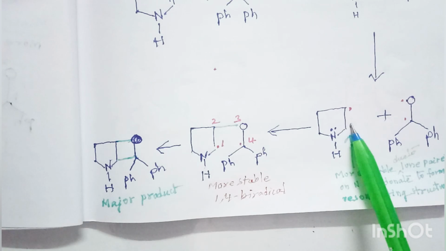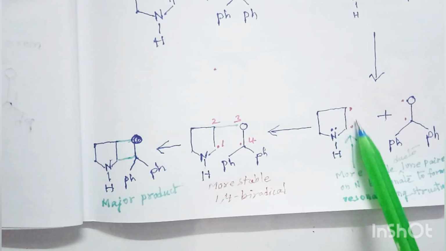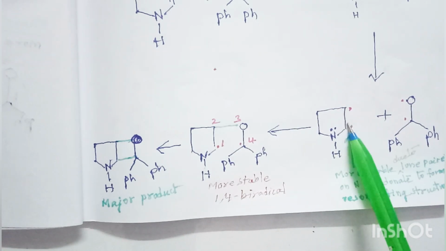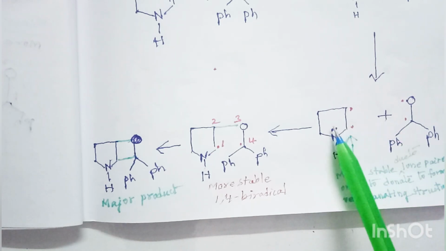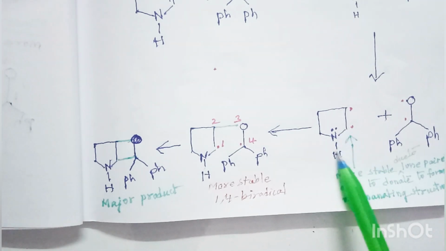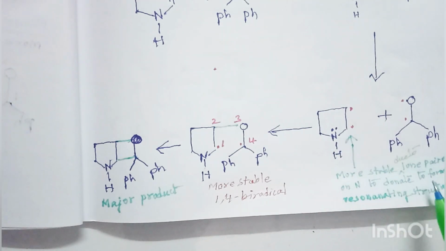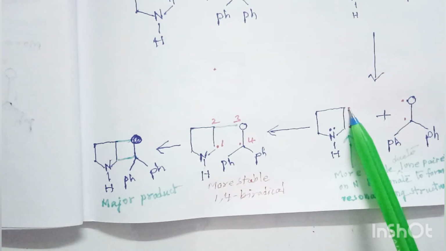And here we get two radicals, this radical and this radical. This radical is more stable because of the lone pair of electrons present on the nitrogen atom, which can be donated to form a resonating structure. So this radical is more stable, this radical is less stable.